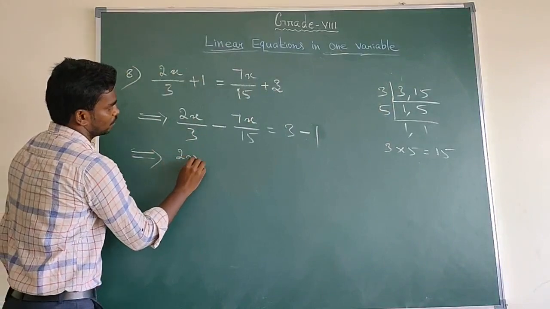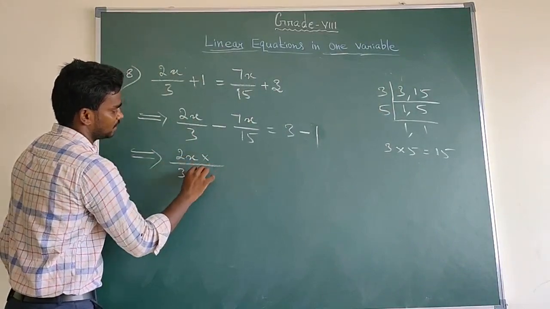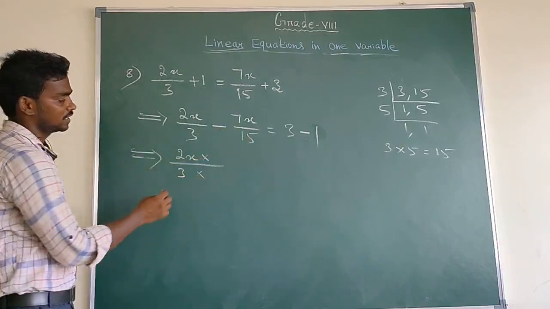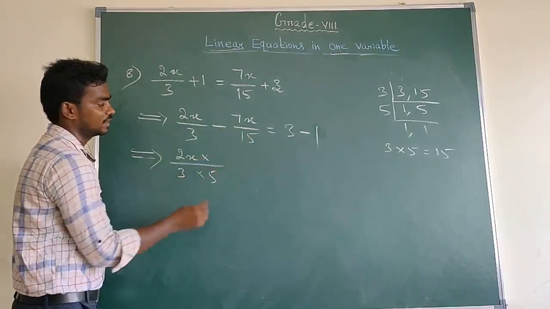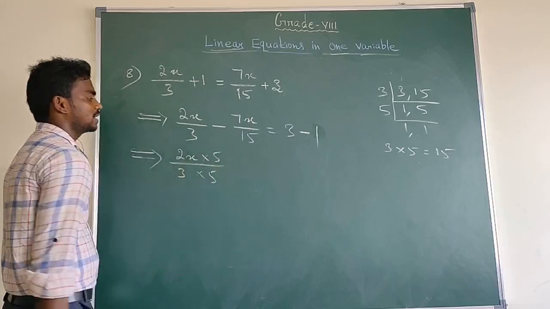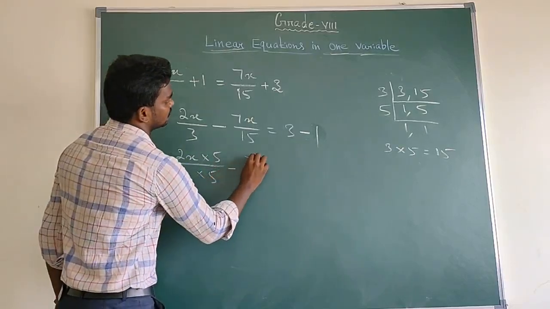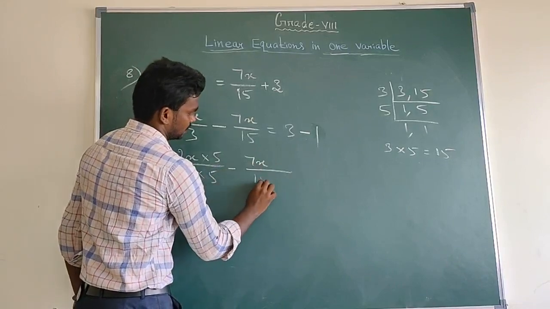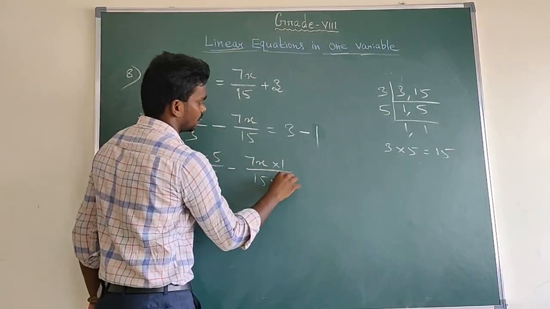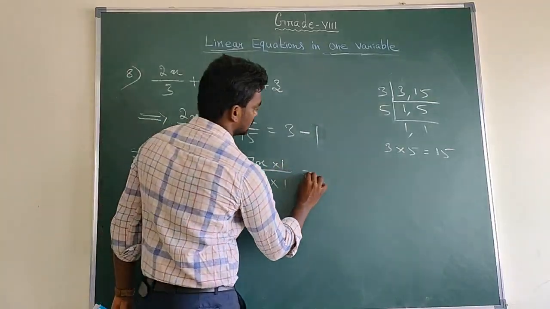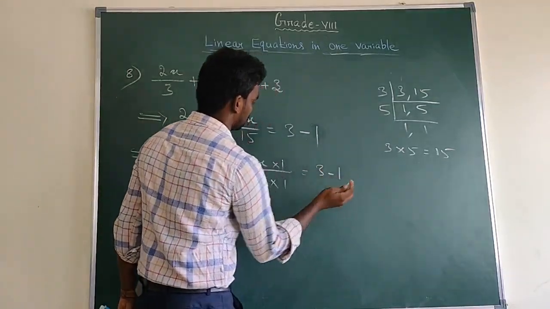So 2x by 3 is multiplied by 5, because 3 multiplied by 5 gives 15. We multiply the numerator and denominator by the same value 5. And minus 7x by 15 is multiplied by 1 and 1, because 15 multiplied by 1 gives the same number 15, which is equal to 3 minus 1.